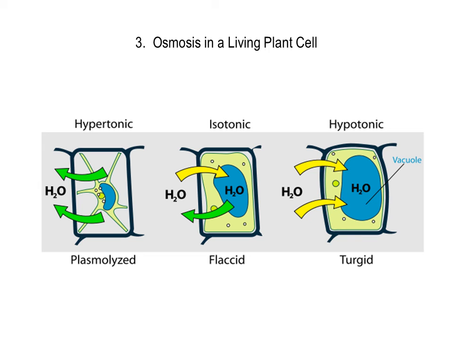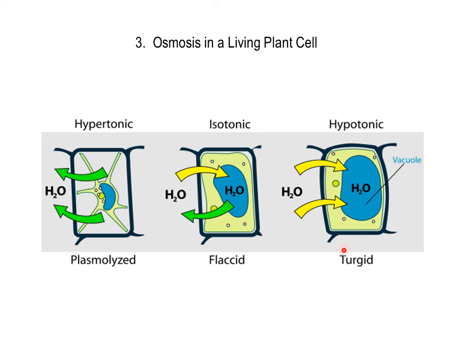So if you put a solution bearing these characteristics on a given cell, one of three things will happen. Either nothing, since we're already at an equilibrium using an isotonic solution. If you put a hypotonic solution, so a very watery one, onto a cell, the water will rush in across the semi-permeable membrane, and the cell will swell.